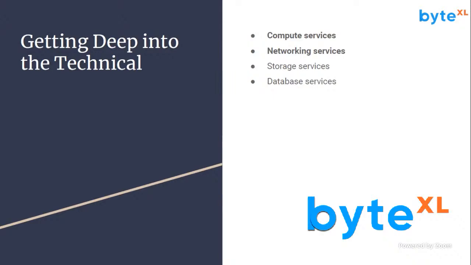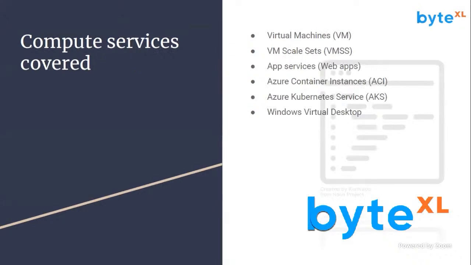Here, in compute service, networking service, storage service, database service, the first thing you're going to understand is compute services. You'll also learn about networking features such as Azure Virtual Network, Azure DNS, and Azure ExpressRoute.